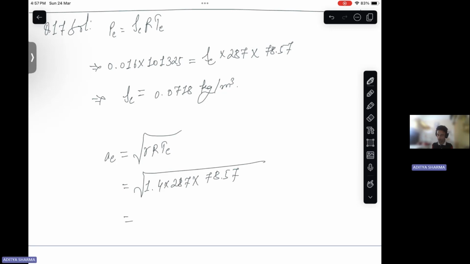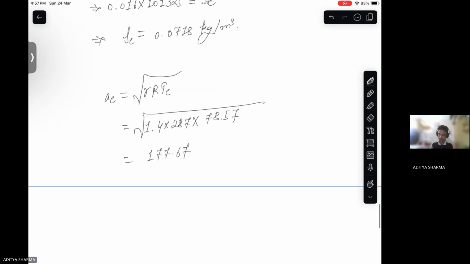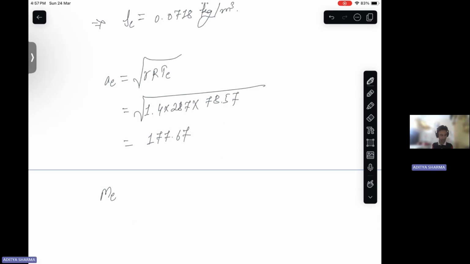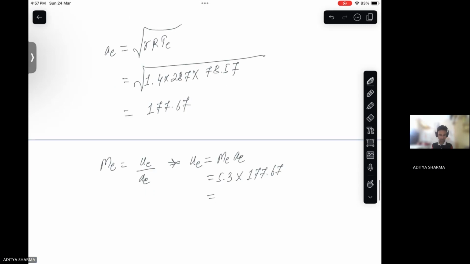It comes out to be 177.67. Then Mach is velocity by speed of sound, so velocity is 5.3 into 177.67, which is 941.65 meter per second.